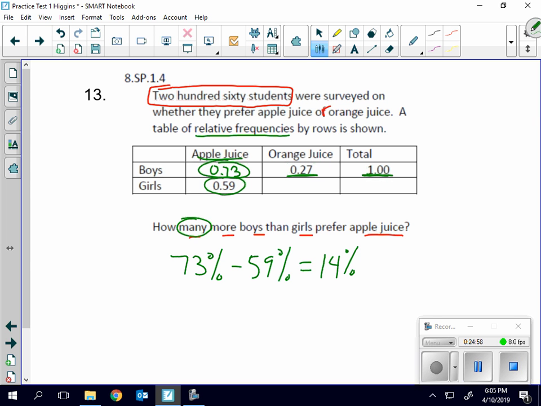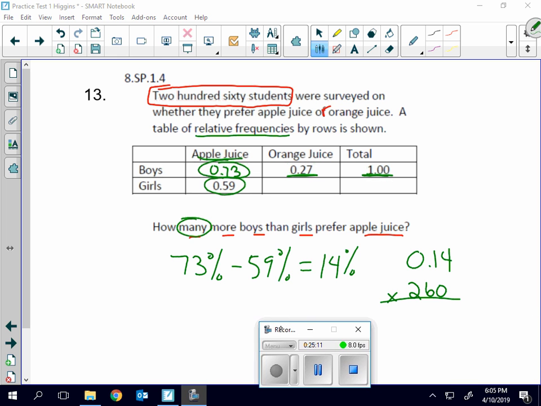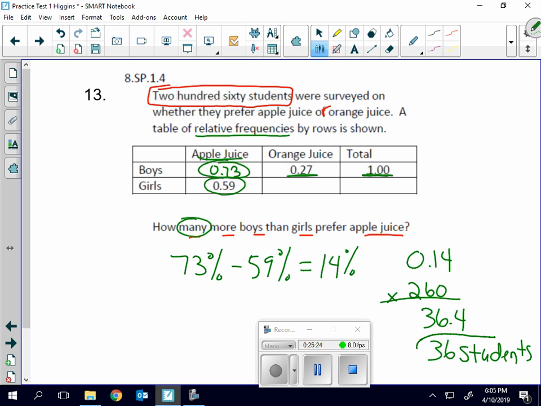And if we multiply that percent times the number of students, we have 260 students. That will give us our answer, 36.4, or we'll round it to 36 students. 36 more.